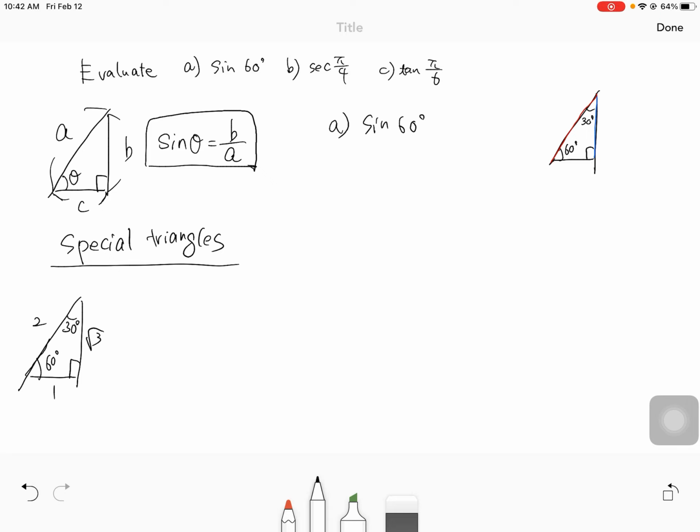So the longest one, hypotenuse, is 2, and adjacent is 1, and opposite is square root of 3. That's the ratio. So, for example, if the value of adjacent is 2, hypotenuse is going to be 4. It's because it's double.